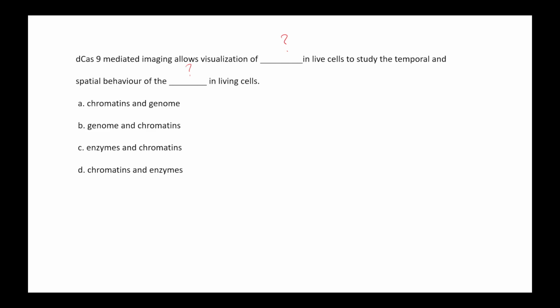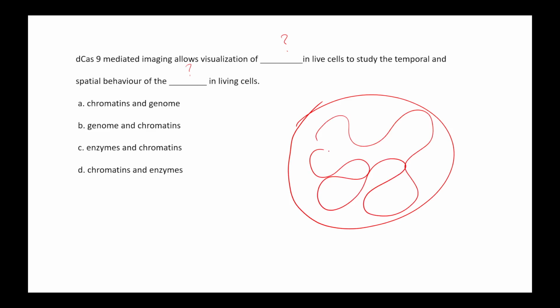Genome is the entire DNA of any cell. If this is the cell, the entire DNA content will be the genome. But if you are talking about a certain part of that genome, then it may be a chromatin locus or a gene. Those are two different words.